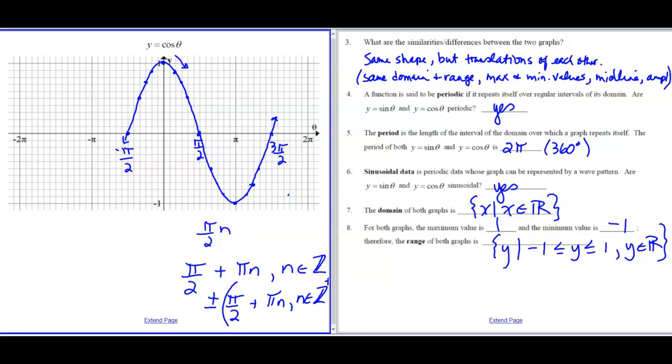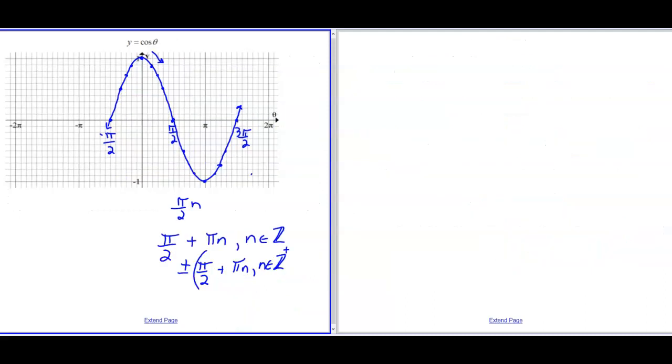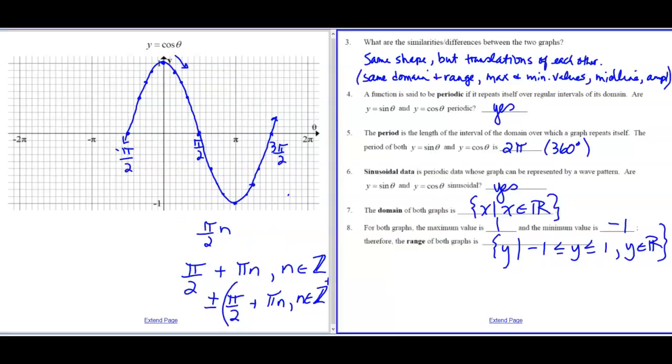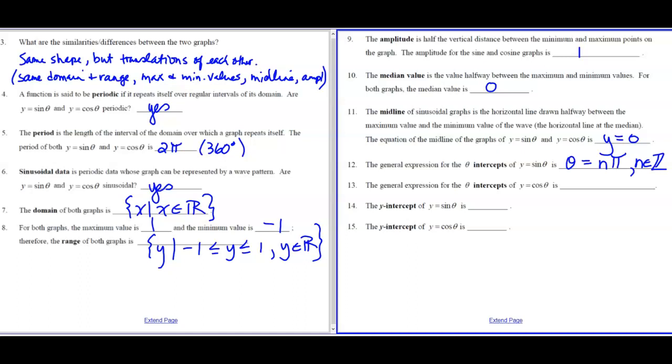But we never really show it in factored form, so I've never done that or seen it online. So I'm going to keep it as pi over 2 plus n pi, where n is an integer.